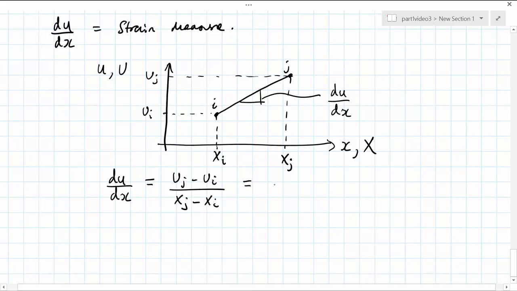We can then rearrange this so that it's written as minus Ui plus Uj divided by L, where L is the length of the element, and that's simply equal to Xj minus Xi.